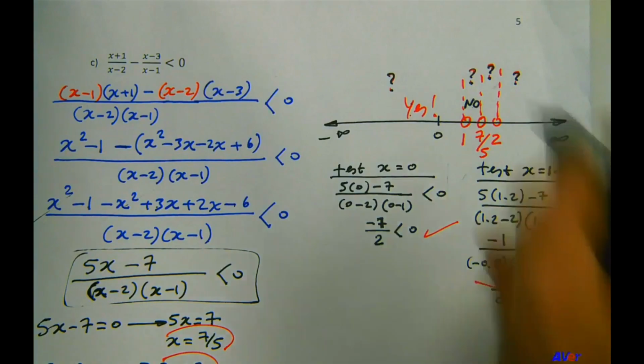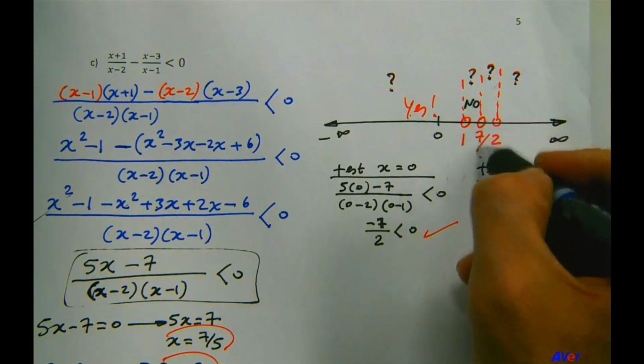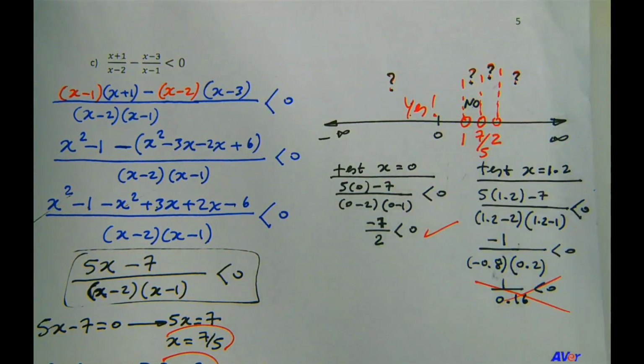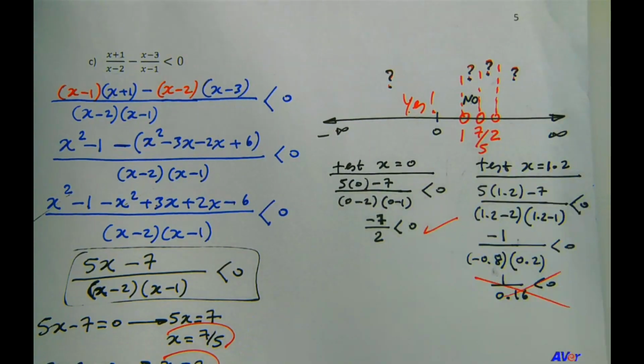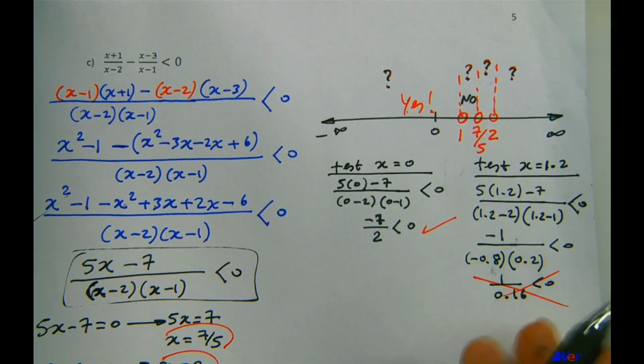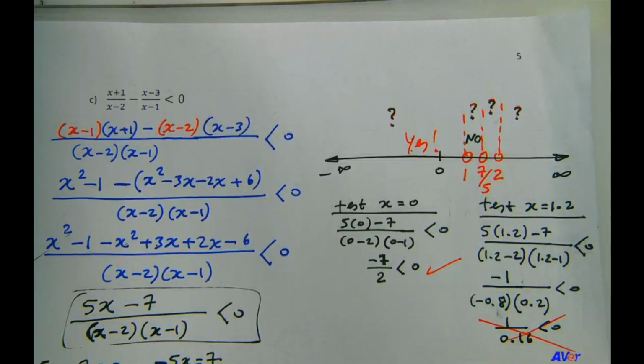Okay? So between 7 over 5, which was 1.4, and 2, let's pick 1.5, right? That would be between 7 over 5 and 2, and test that. I'm quickly running out of room here, so let me put that, if you don't mind. Well, maybe I can fit them all in here.